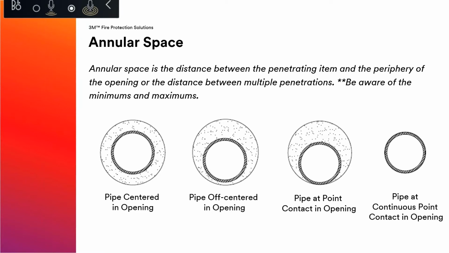But the smaller annular space isn't always the best, and the UL system will identify a minimum and maximum annular space. So sometimes we need that annular space around your penetrating item, depending on the type of penetrant, so that we're able to get enough of that material, whether it be a sealant or a wrap strip, caulking, whatever it may be, in and around that opening, so that we can close off that opening appropriately. So we'll get into some of the technologies of firestop materials, but knowing your annular space is important.